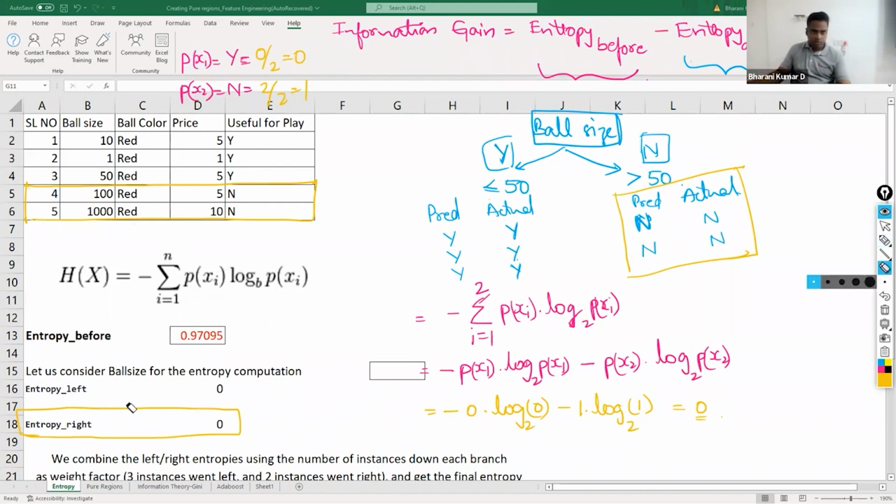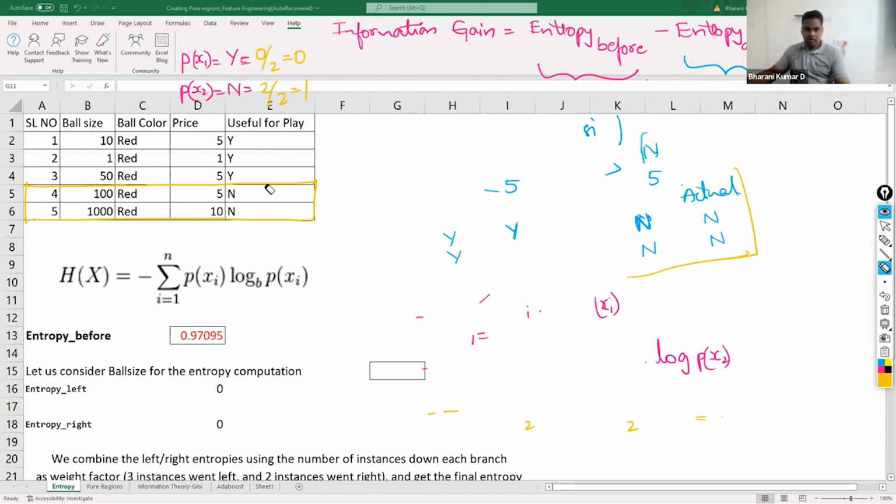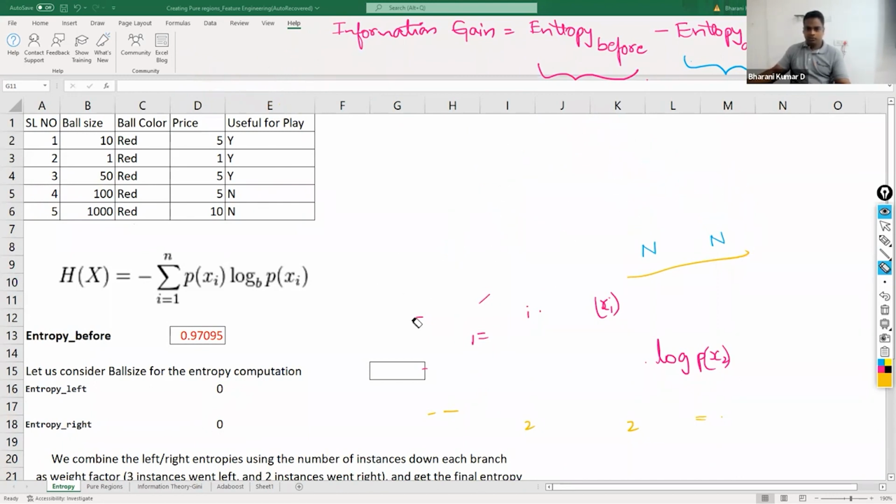Left side is also 0. So done. I calculated entropy for both left and right side. Now we need to combine that. When you want to combine these two to get entropy after, let me erase these things. Right.